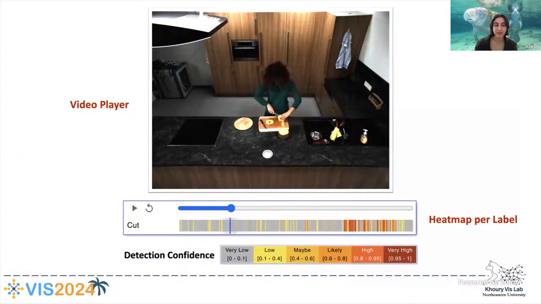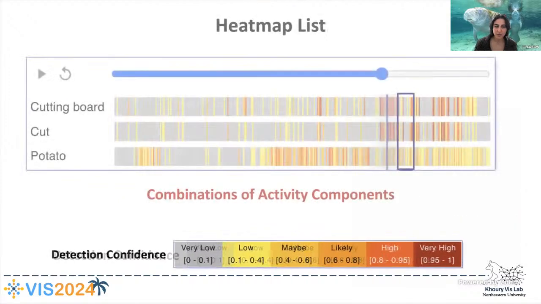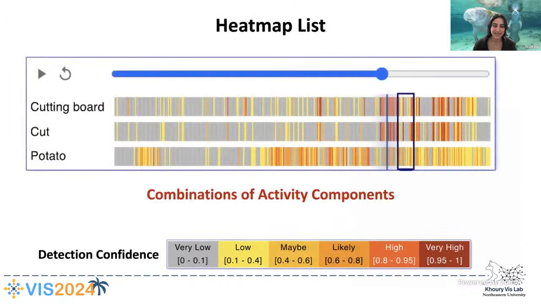Now if the users want to look for problems more on an instance level, by instance I mean frames, or temporally, we also provide a view for each video that includes temporal heat maps. We display one heat map temporally for each label within the vocabulary. We assign one color for each frame within the video, and the warmer the colors are, the more confident the model is about that label appearing in that frame.